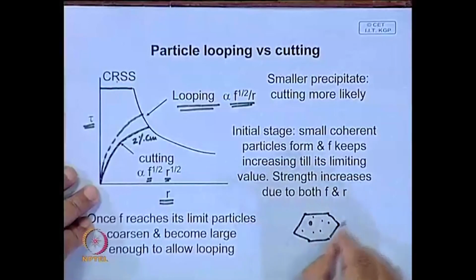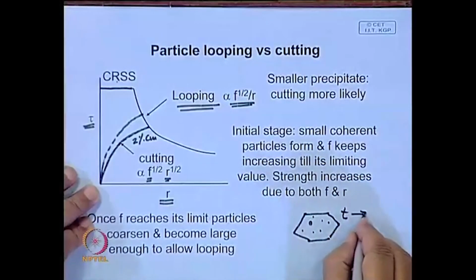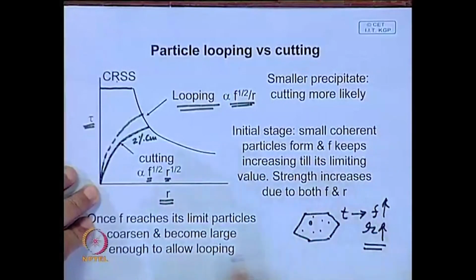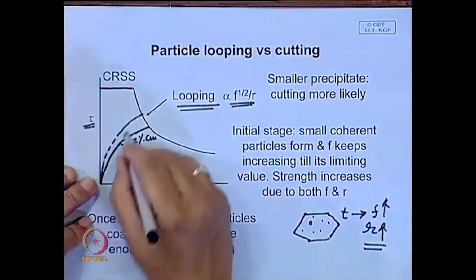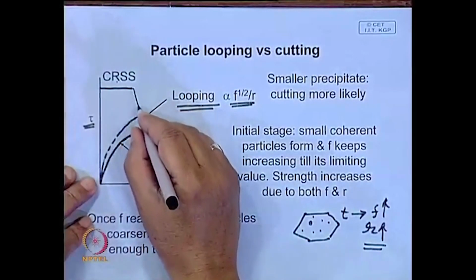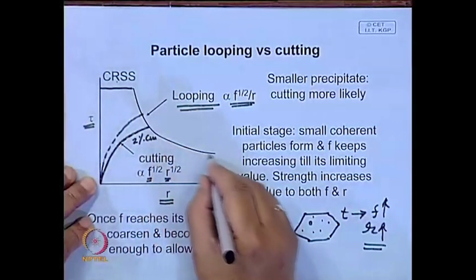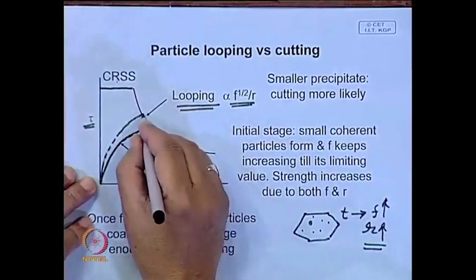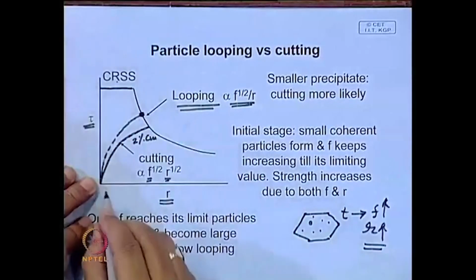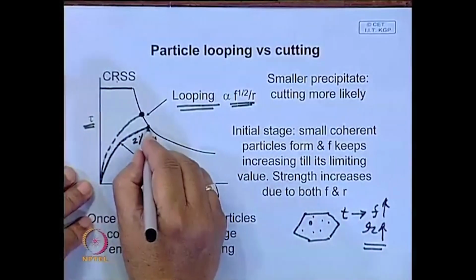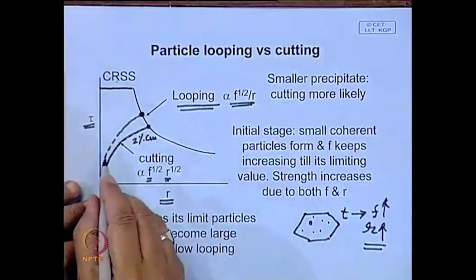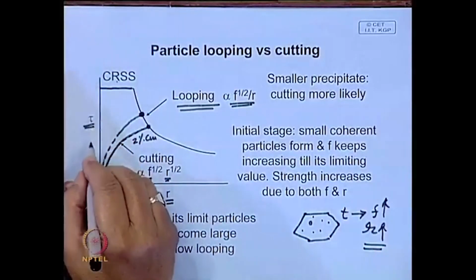So, with time, two things increase: f increases as well as the size of the precipitate. This defines the limit, that is, the maximum strength that you can have in the alloy system. In a way, you can say this defines the maximum strength that you can get in a precipitation hardenable alloy.